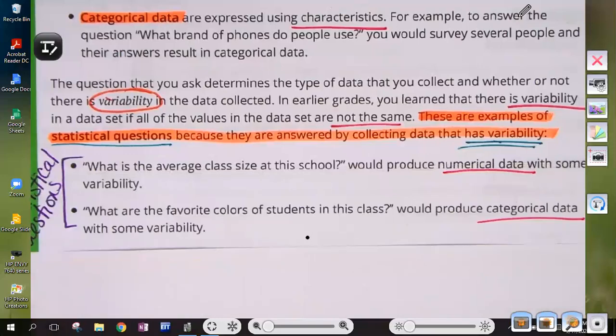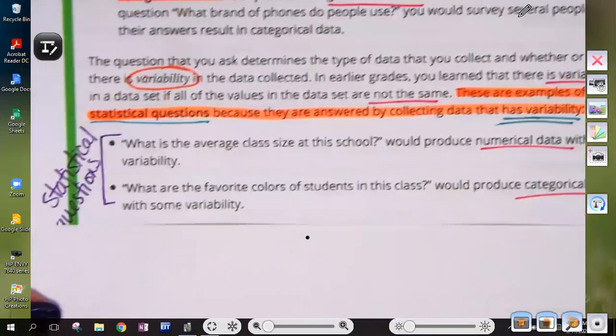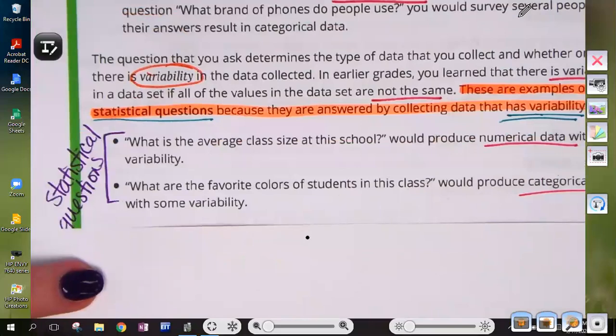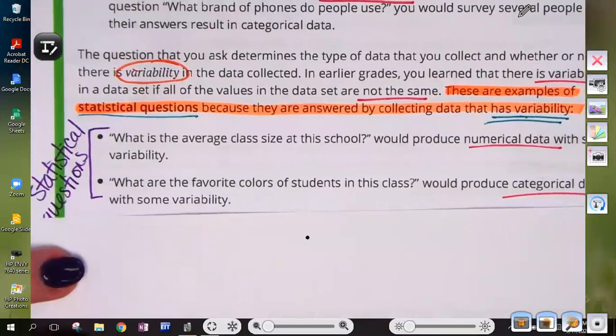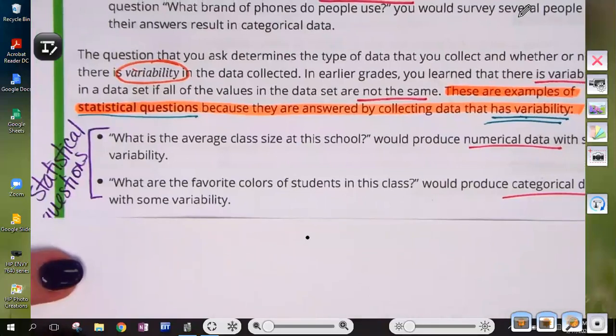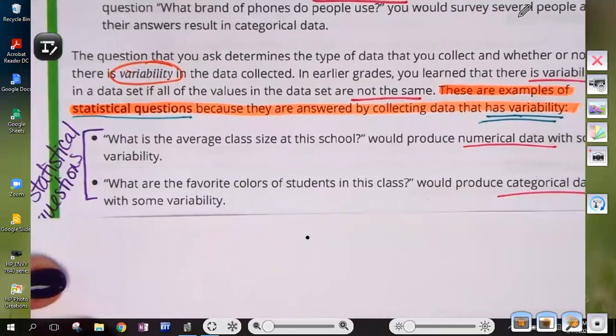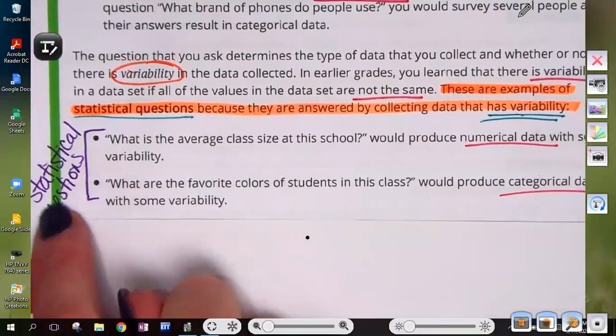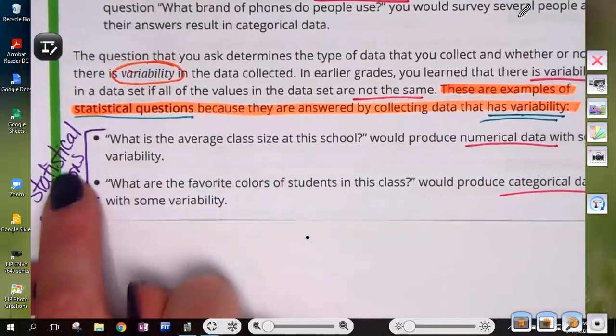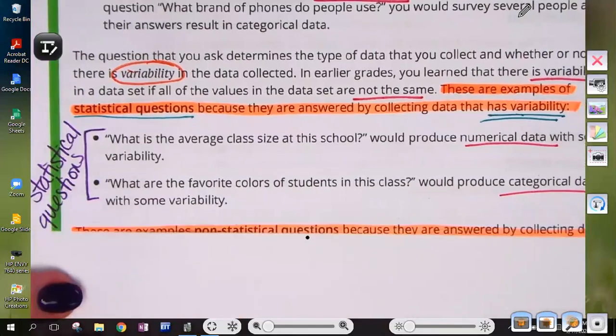Here are 2 examples of statistical questions. What is the average class size at this school? And what are the favorite colors of students in this class? Both good examples of statistical questions. That's what this says right here, statistical questions, if you want to write that in.